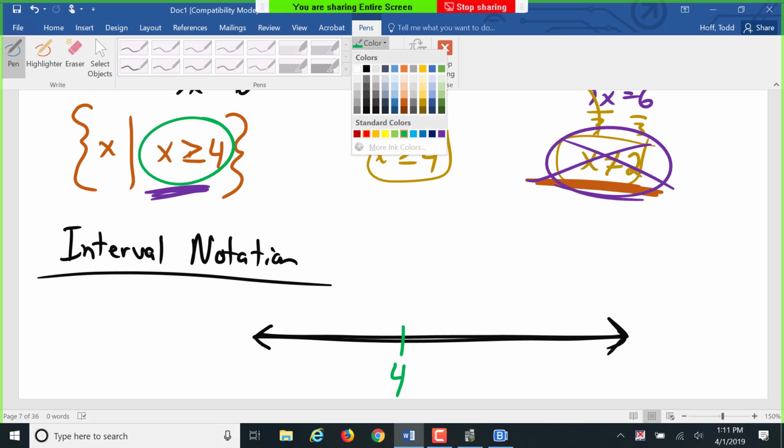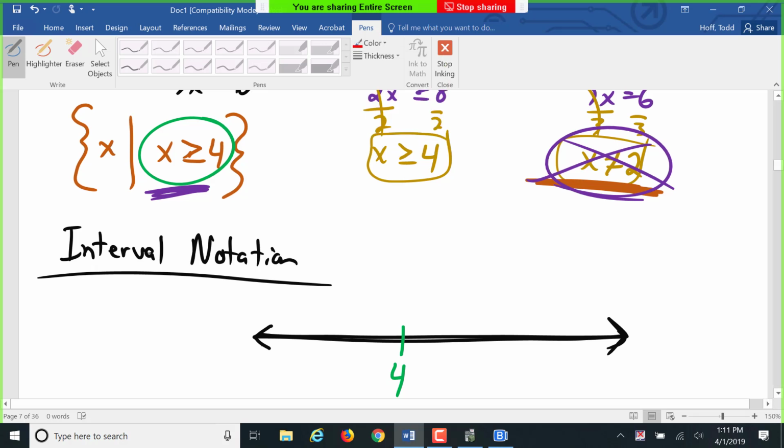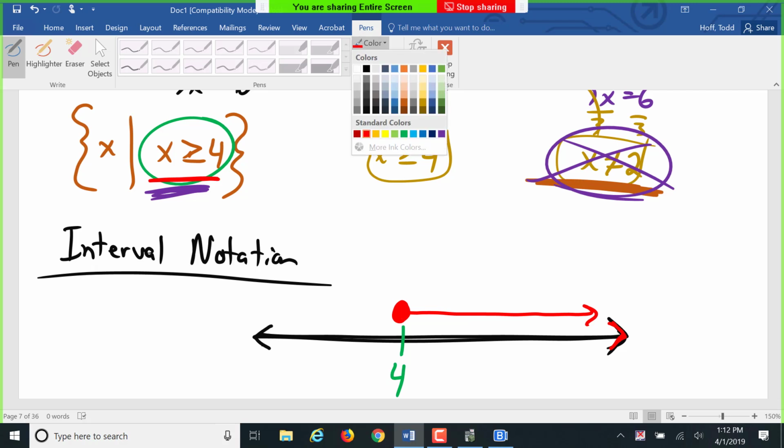And there were two types of dot we could use. We either used an open dot or a closed dot. Which type of dot is this going to be? Closed. It's closed because it's or equal to. So it includes the 4. And of course, greater than points to that arrow on the number line. So that's how that would be graphed on the number line.